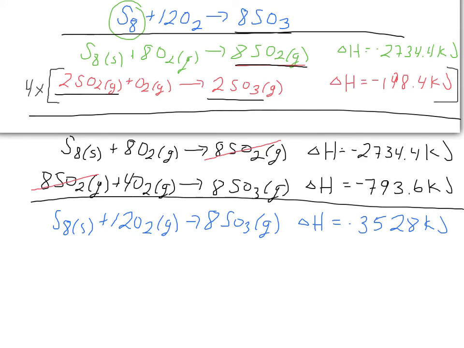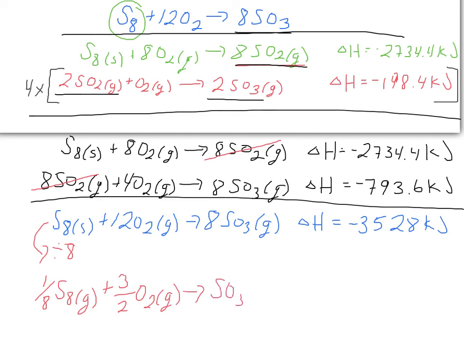So here we have that for the production of 8 SO3s, we are going to release 3,528 kilojoules. But if you remember, the question said that we wanted the molar enthalpy, or for 1 mole, which means we have to take this and divide it by 8, which will leave us with 1/8 S8 plus 3/2 O2 goes to 1 SO3.